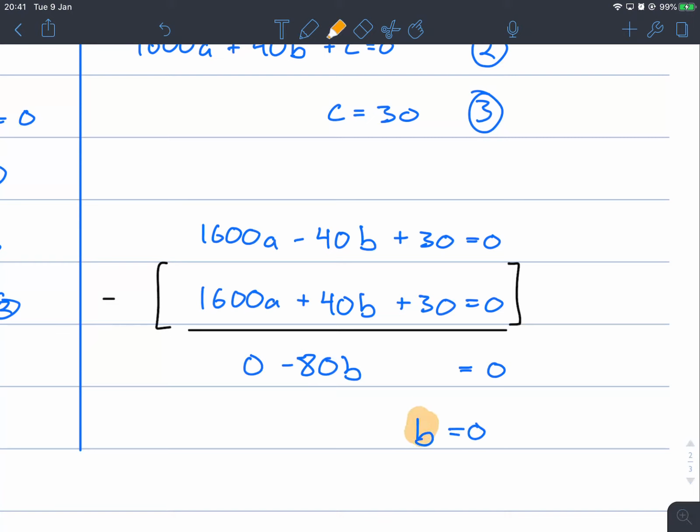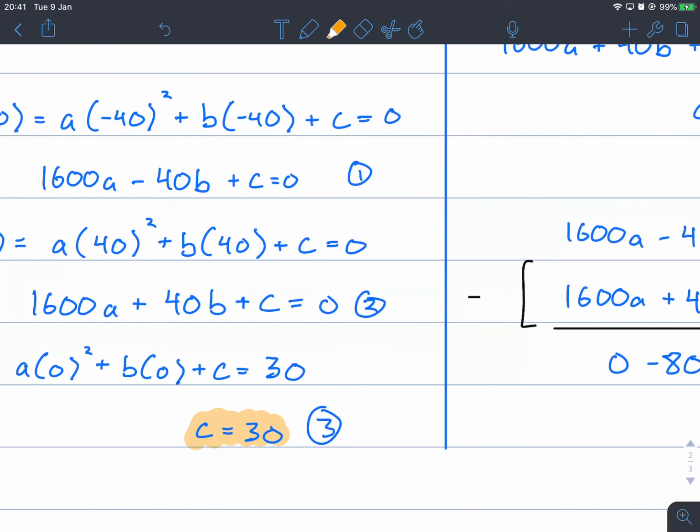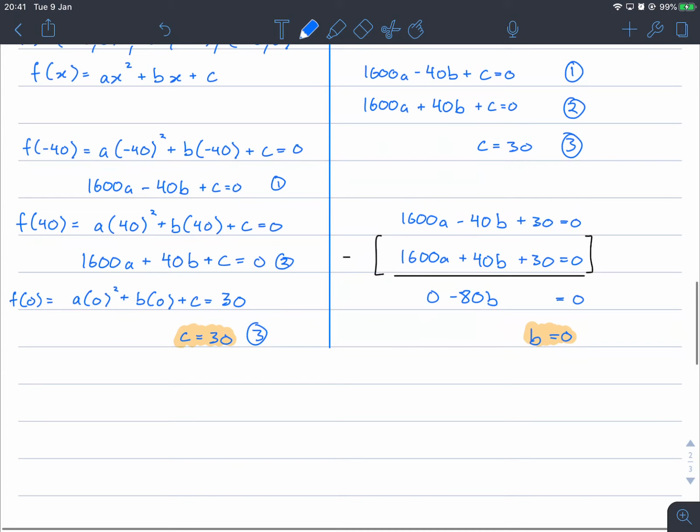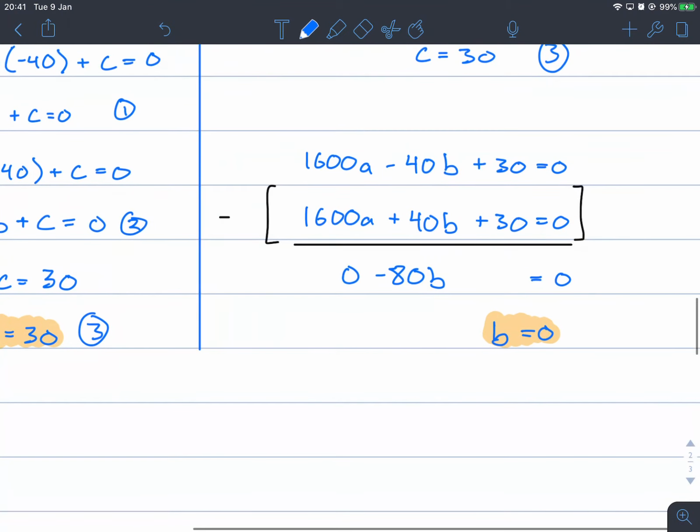That is another point that we require, and the first is already here. Now substituting just one of these into any one of these equations here can solve us for a. I'm going to substitute it into this one.